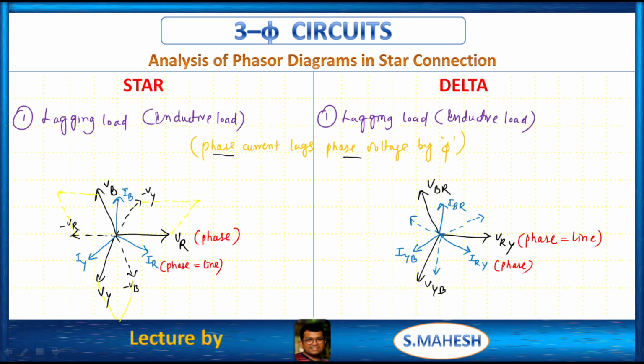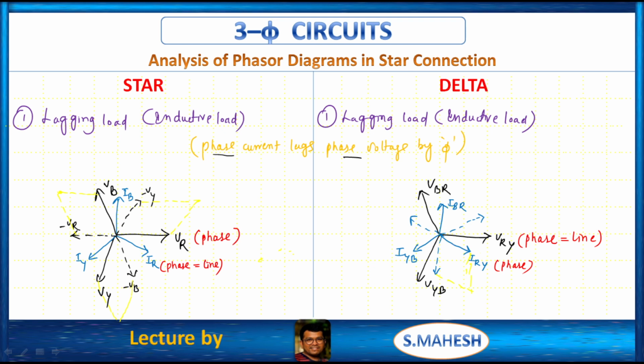In this case also, to get IRY minus IBR, right? This is minus IBR, therefore parallel to IRY, like this.